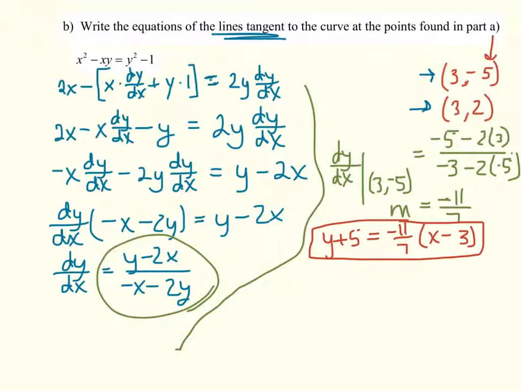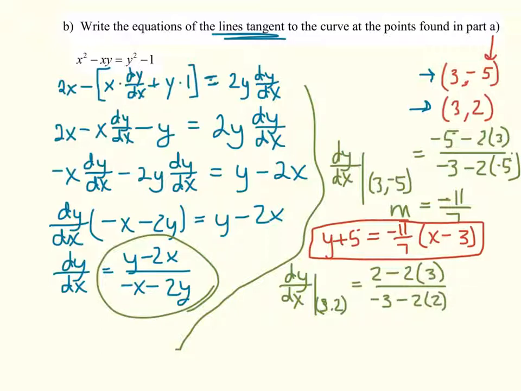Now I'm going to repeat that same process with the second point. So dy/dx at the point (3, 2). Again, 3 goes in for x, 2 goes in for y. So I'd have 2 minus 2 times 3 over negative 3 minus 2 times 2.